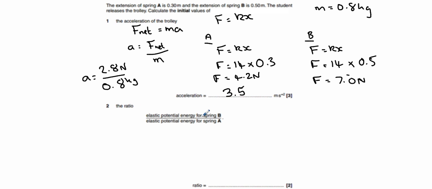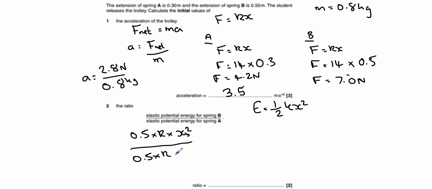It says calculate the ratio of the elastic potential energy for spring B to the elastic potential energy for spring A. If you remember, elastic potential energy is half kx squared. So if I use that and set up this ratio, we've got half, which is 0.5, times k times x_B squared, over 0.5 times k times x_A squared. The 0.5s cancel, the k's cancel because they're identical springs.